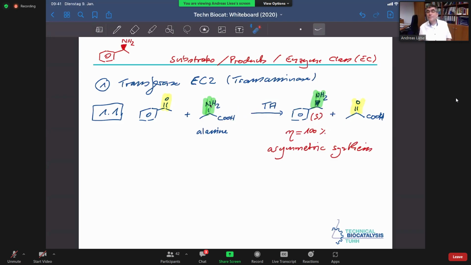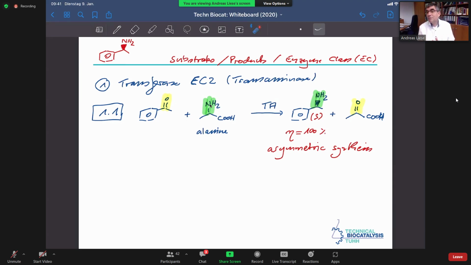And that's good that you're asking this, because now you have learned that we have reversible reaction systems, and now it depends on the substrate structure. So do we have a residue here, or do we have a residue here and here, defining the specific equilibrium in such a reaction?